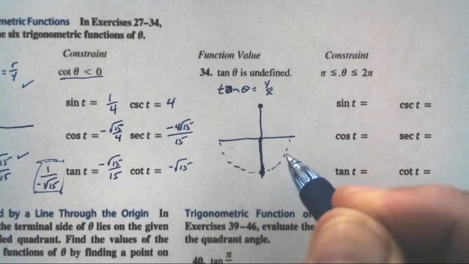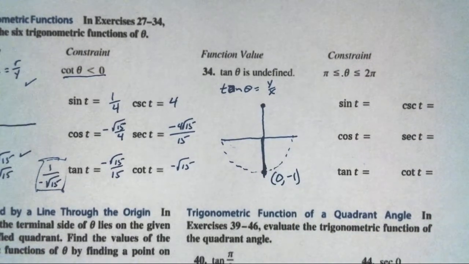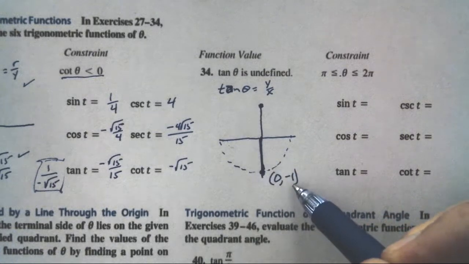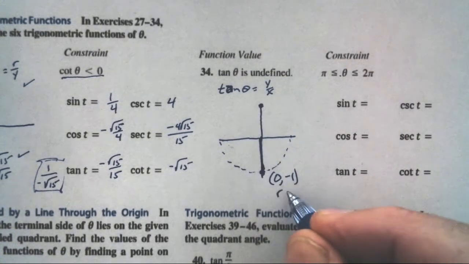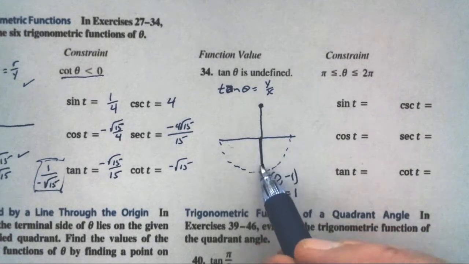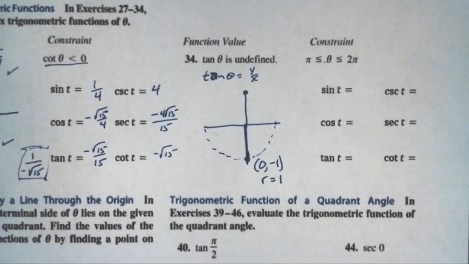And for convenience's sake, we can call that 0, -1. And you would get the same answers if we called that 0, -10. In this case, r is 1. If this is -1, r is a length of 1 that we're spinning around on. So that's clearly our most convenient values.